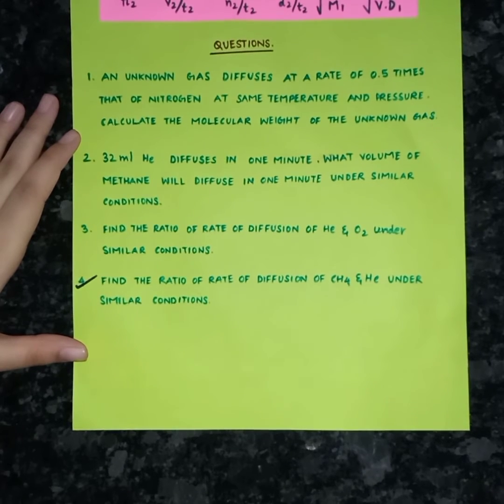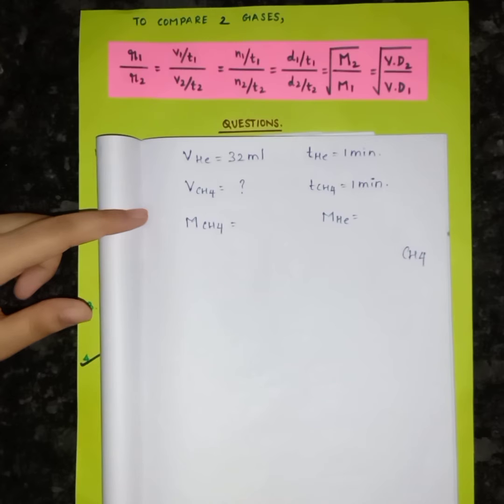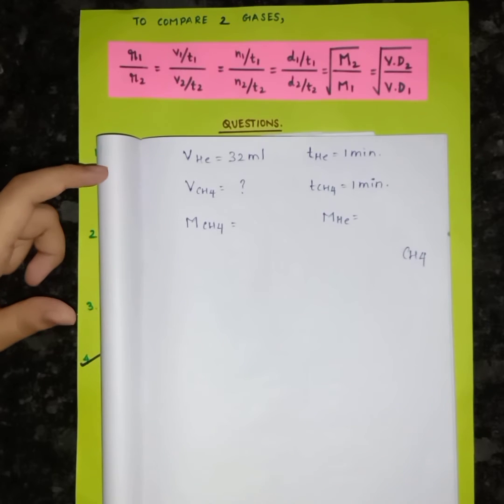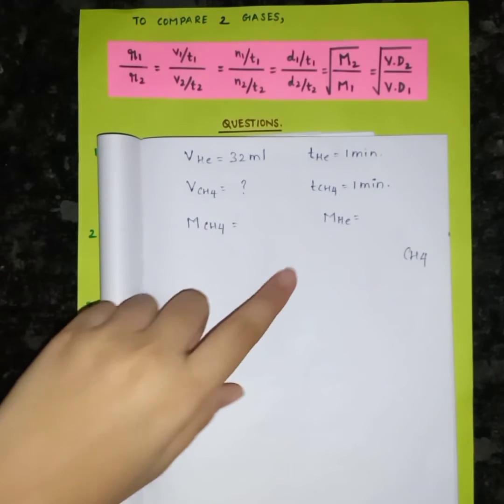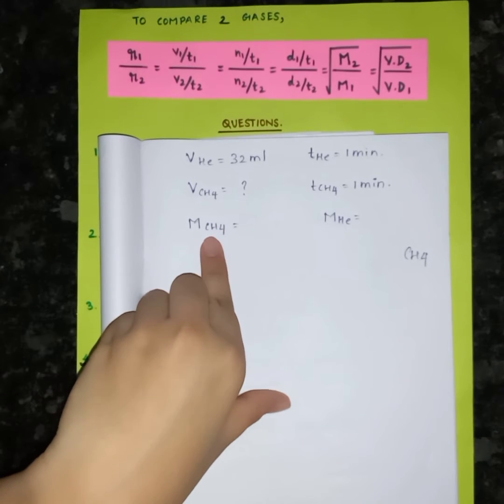Second question. 32 ml helium diffuses in 1 minute. What volume of methane will diffuse in 1 minute under similar conditions? In the question, volume of helium is equal to 32 ml and it takes 1 minute. We need to find the volume of methane, and methane also takes 1 minute. Let us find the molecular weight of methane.